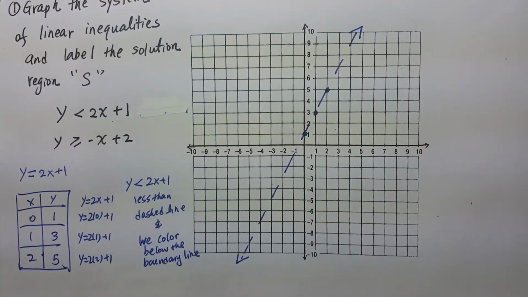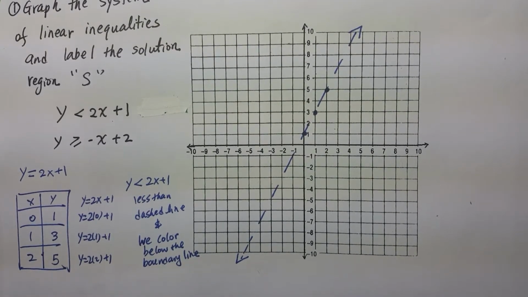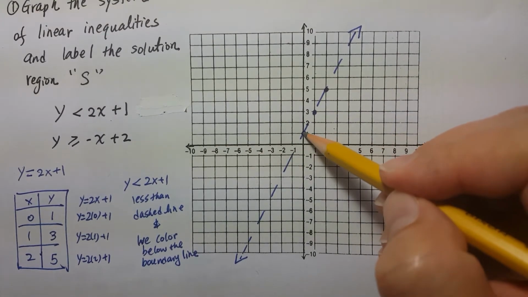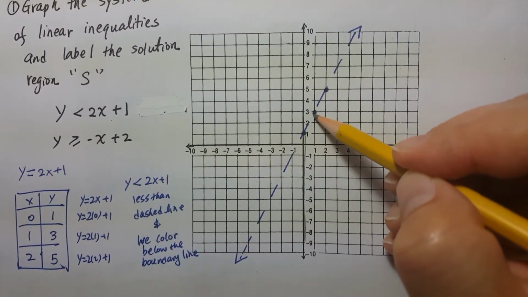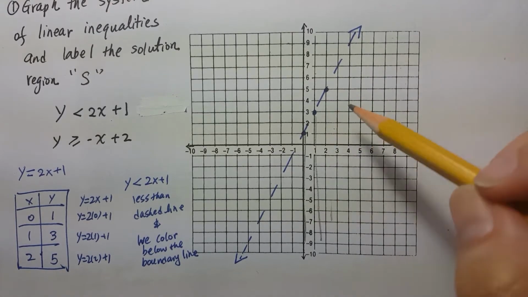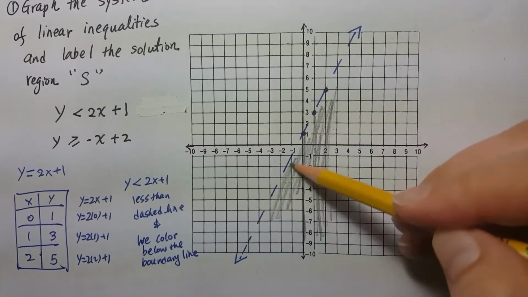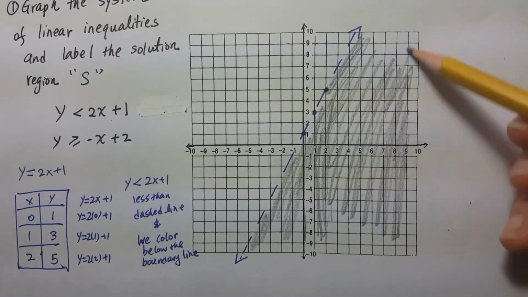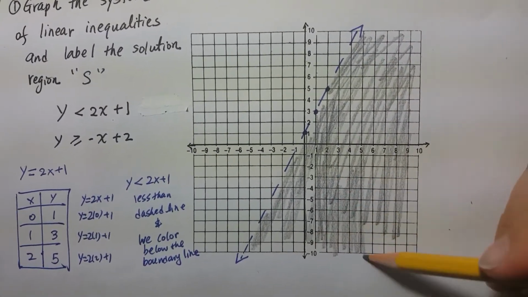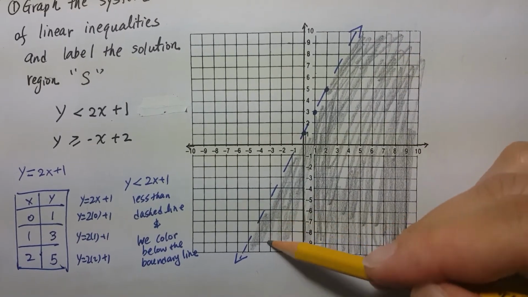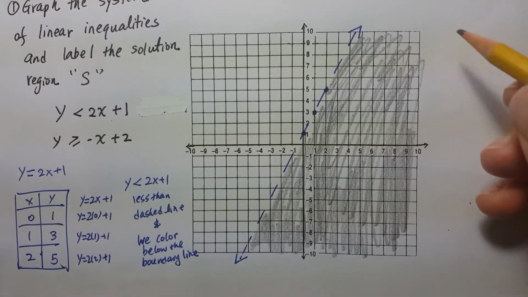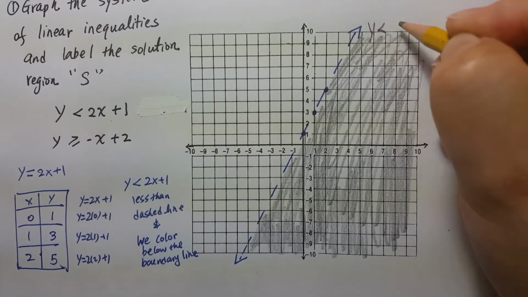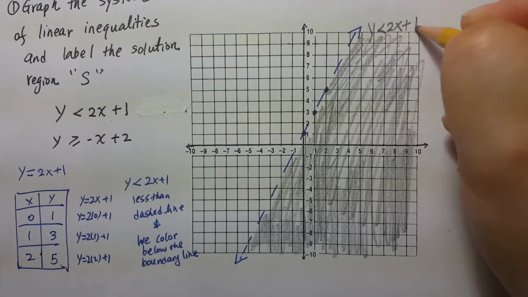Less than, so we're going to color below the line. Now we're going to get a pencil and color below the line. So you put below here, below here, below here. So that means this is below. Okay, so this is y is less than 2x plus 1.